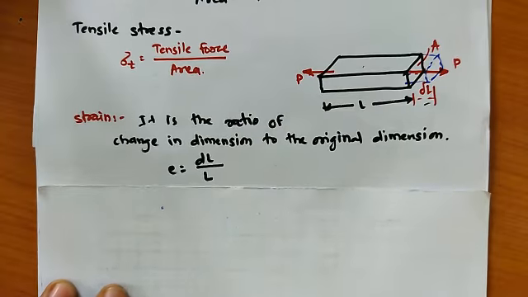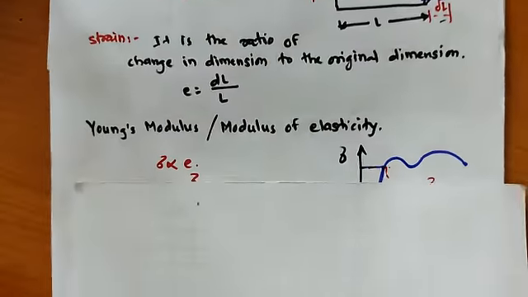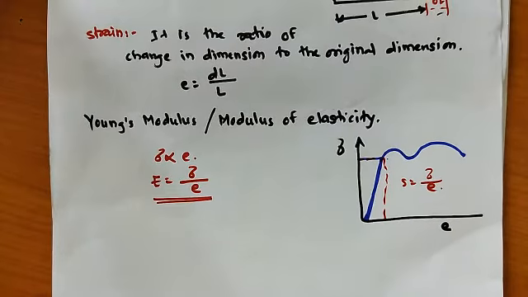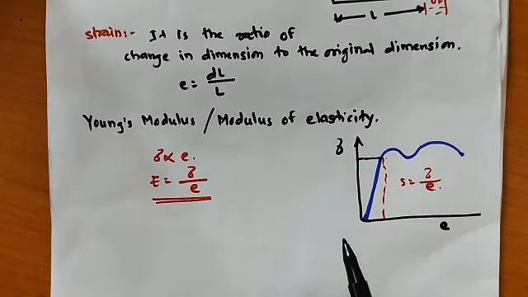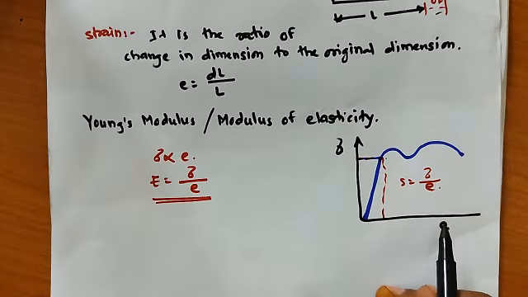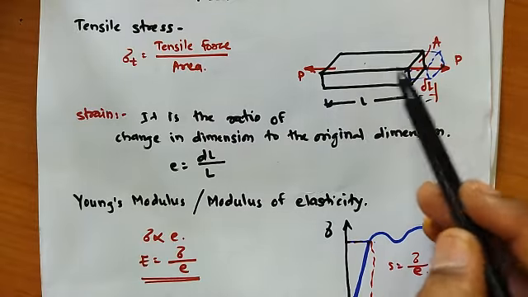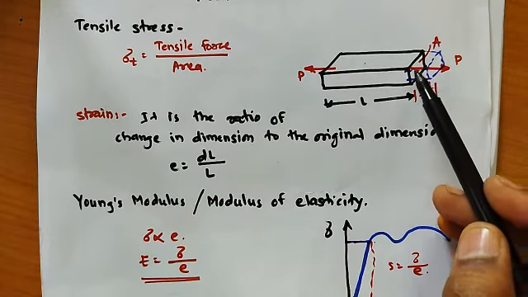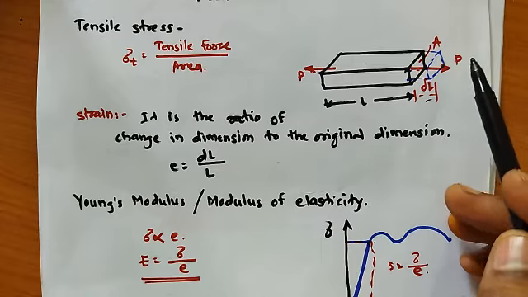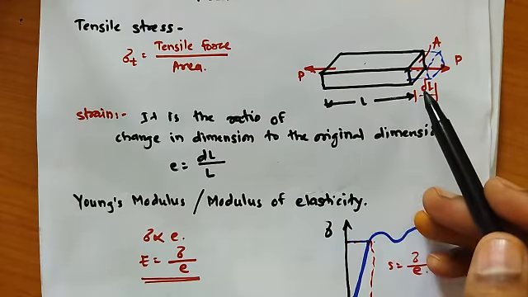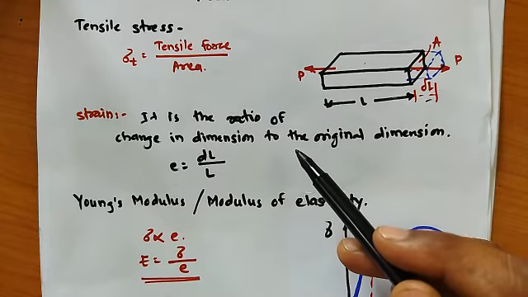Now we'll see about Young's modulus. We consider the stress versus strain diagram, with the same figure. If you apply load on the bar, stress occurs in the bar. When we apply the force, there is a change in dimension, which means strain is developed.